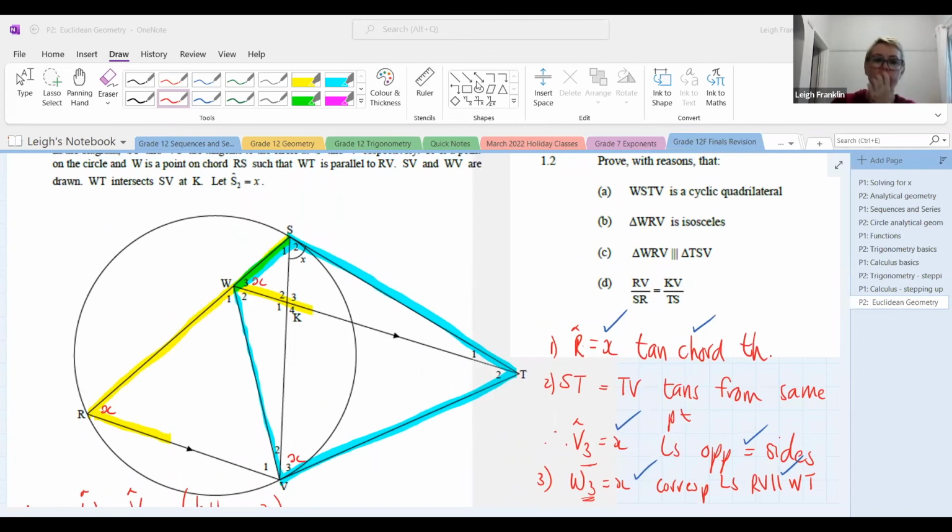Okay, so it's converse because you are proving that the quad is cyclic. I don't know what your teachers have taught you at school. There are other things that you can say, but at my school, I teach angles in the same segment and then converse angles in the same segment. Then I teach opposite angles of a cyclic quad are supplementary, so the converse is converse opposite angles of a cyclic quad are supplementary.